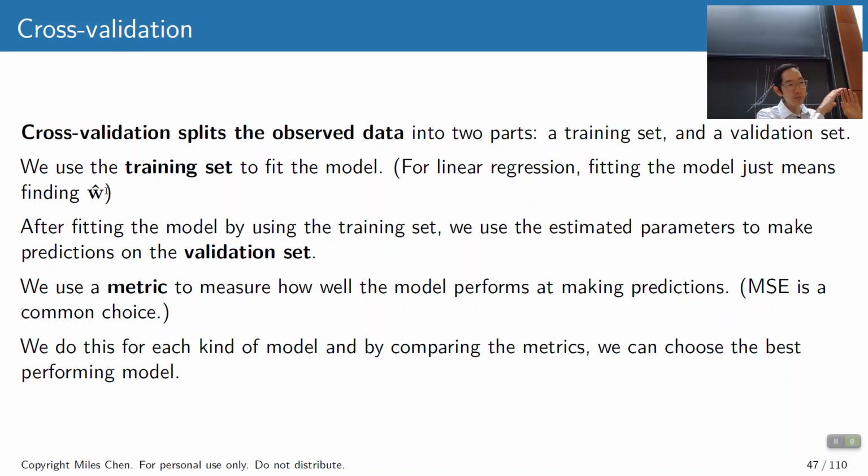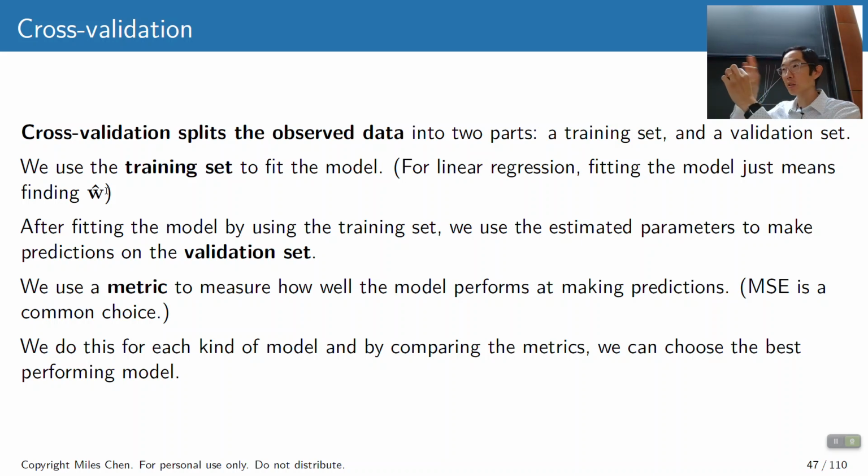After we fit the model using that training set, we say, okay, here's the line of prediction, here's the estimated parameters. Now make predictions on the validation set. Let's measure the error between our prediction line and these actual observations that we have. Remember, the validation set are actual observations.